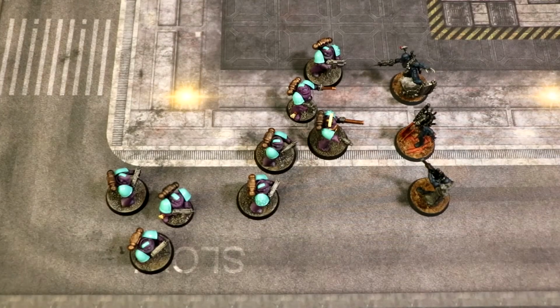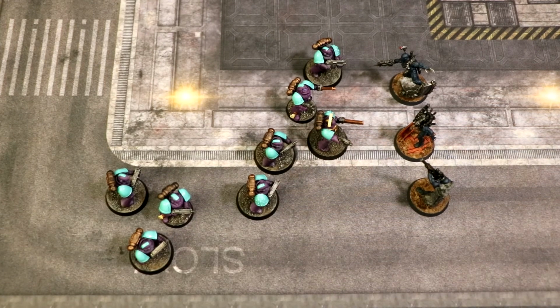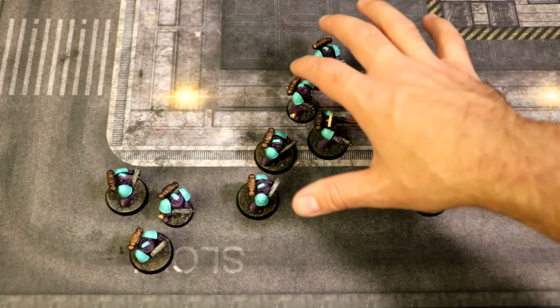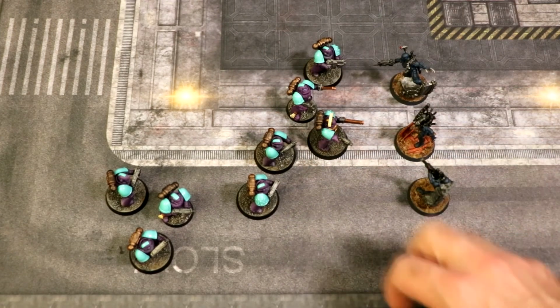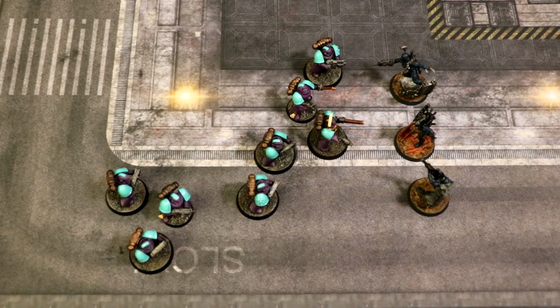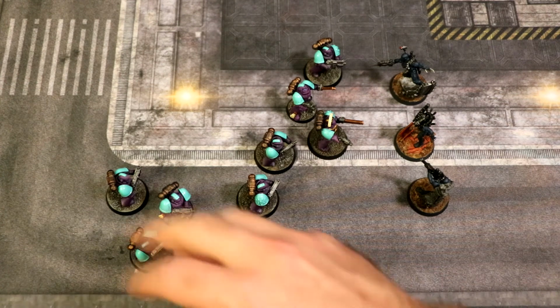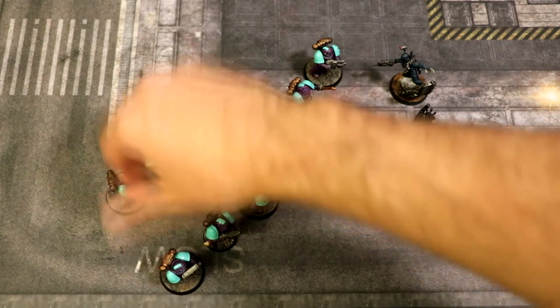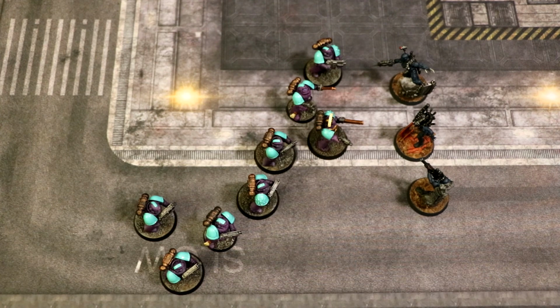Now, some terminology to know for this game is that your models are considered friendly models, and that makes sense, right? So this unit of, let's say, intercessors here are friendly to this other unit of intercessors over here. If they're moving around the table next to each other, they can get as close as they want. There aren't really any limitations.